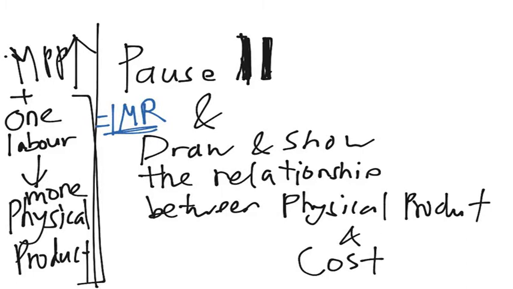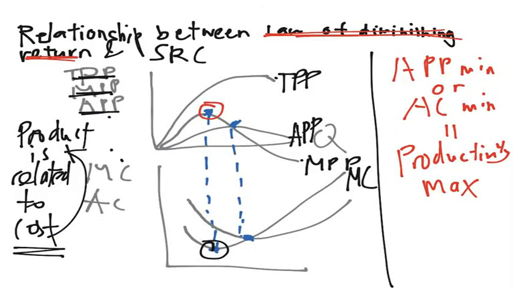Okay, so if by increasing one input you are getting more and more output, then the marginal cost of producing one output is definitely low. It's definitely going to drop, right? So this is the reason why when the marginal physical product is increasing over here, the marginal cost is decreasing, and when it reaches its maximum point, the marginal cost curve reaches its minimum point.